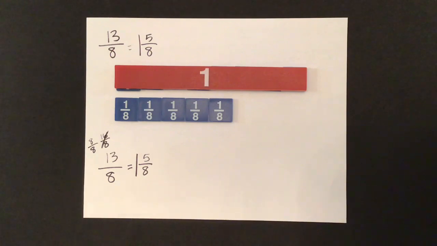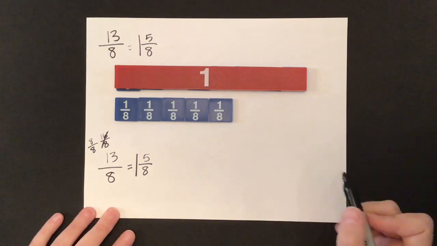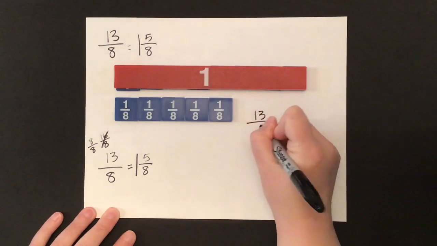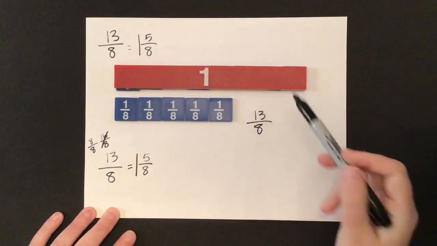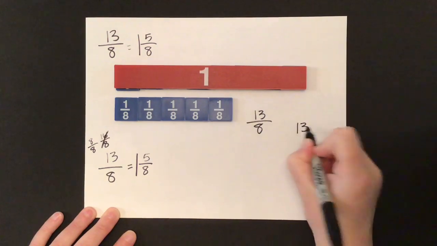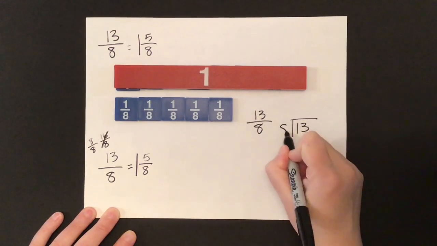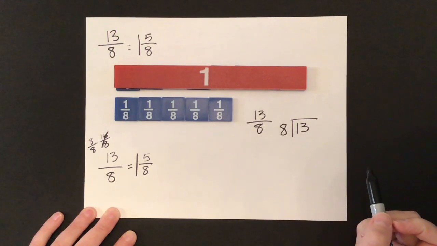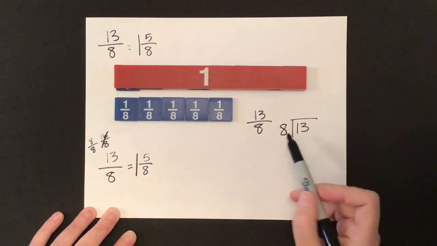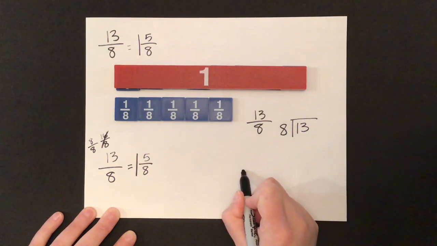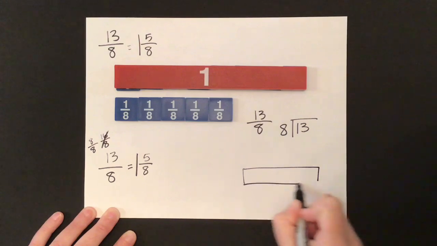If you want to show it with division, you can do that. Remember the original improper fraction of 13/8. So I show 13 divided by 8. Remember that 8 is the number of pieces in the whole, or the number of things in each group. So you can even draw 8s.